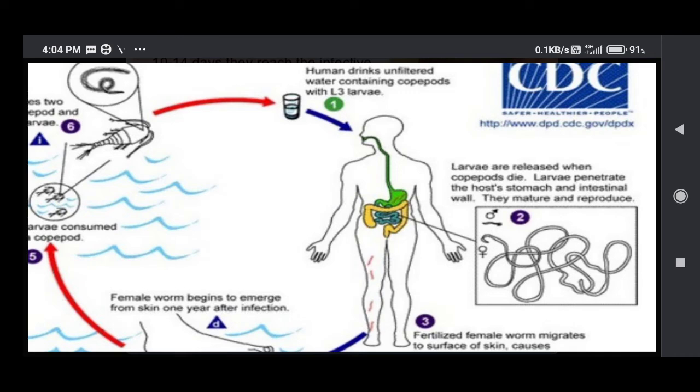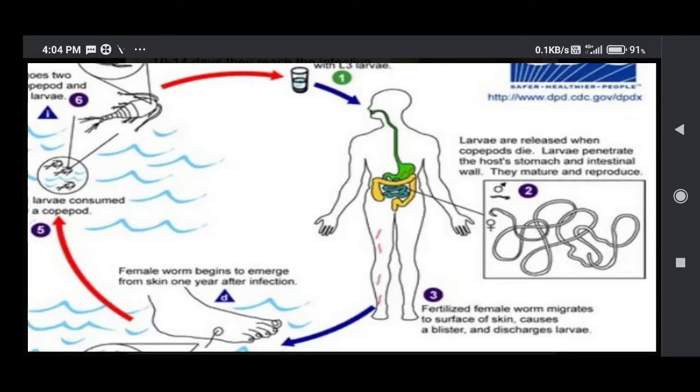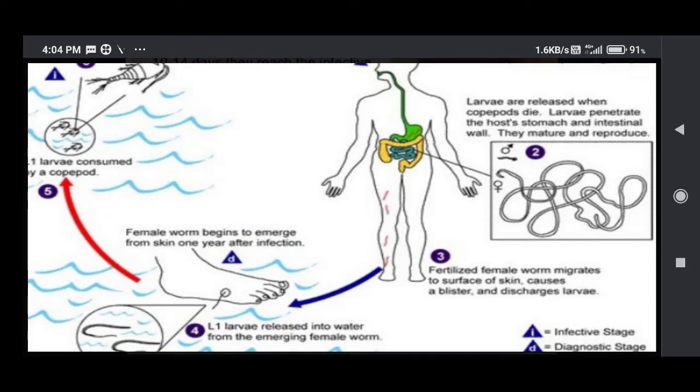Here the males and females mature and undergo reproduction. The fertilized female migrates from the stomach or intestinal wall up to the feet of the human leg.